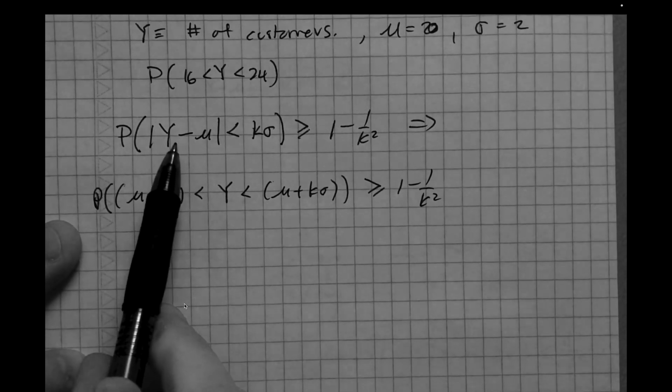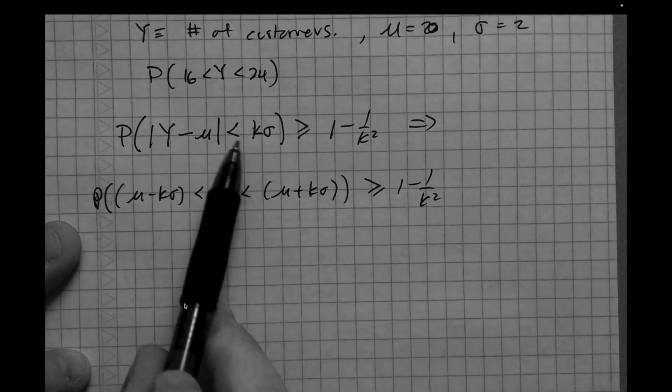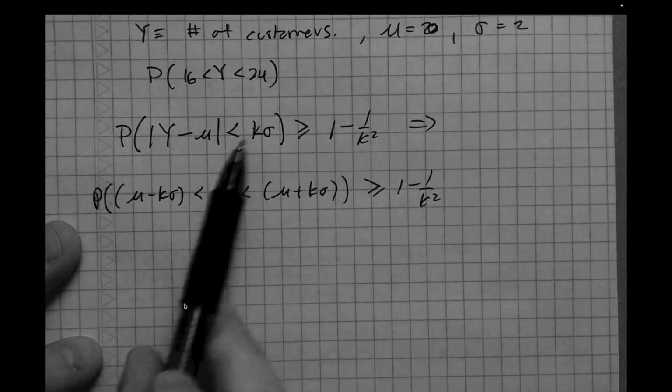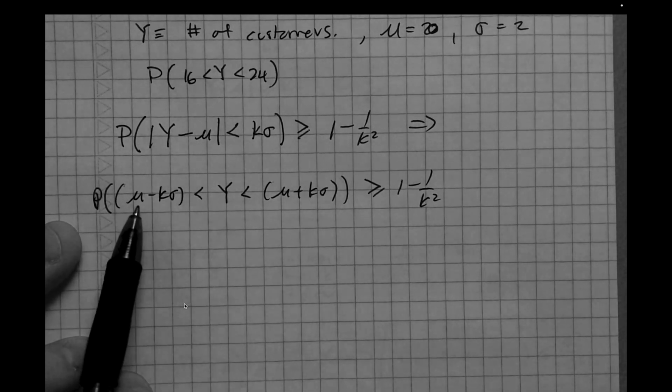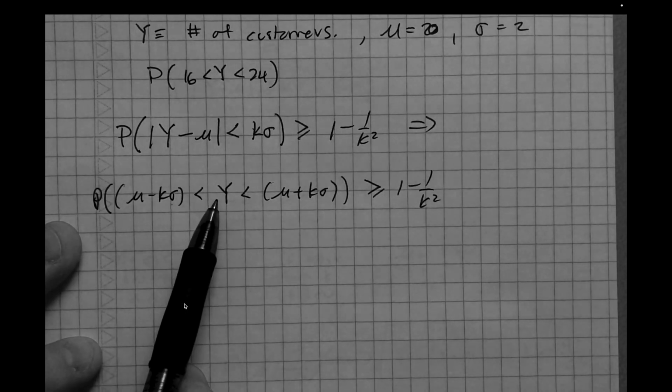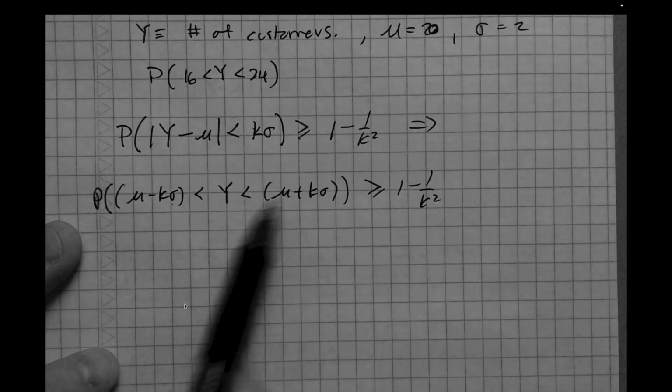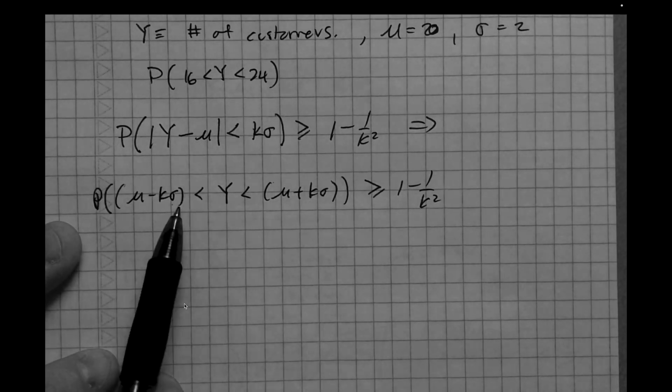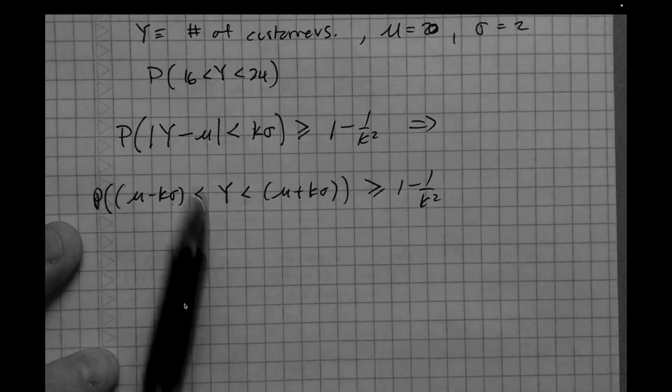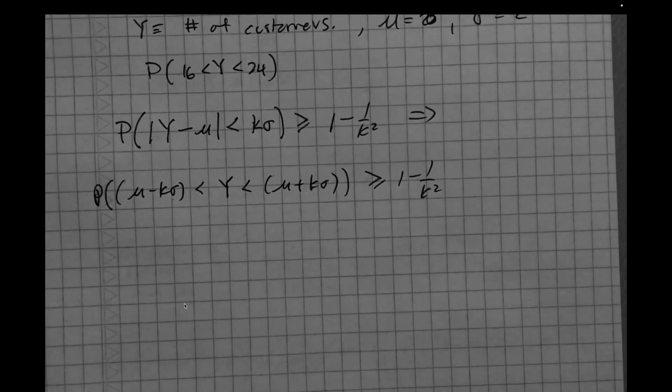Here I'm just saying the distance in absolute value is less than k sigma, so instead of writing it like that, I can write it like this. That's still an interval about mu, a k sigma interval about mu. So that's just another way to express it.